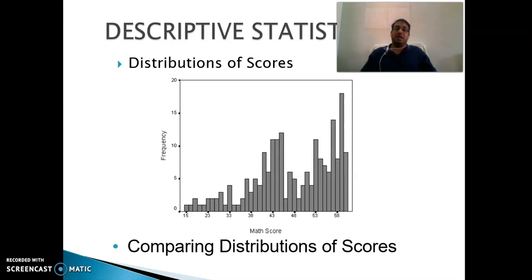This is the math score, and on the vertical line you can see the frequency. So after collecting data, you can present your data using a histogram to show the distribution of your scores for a specific variable.